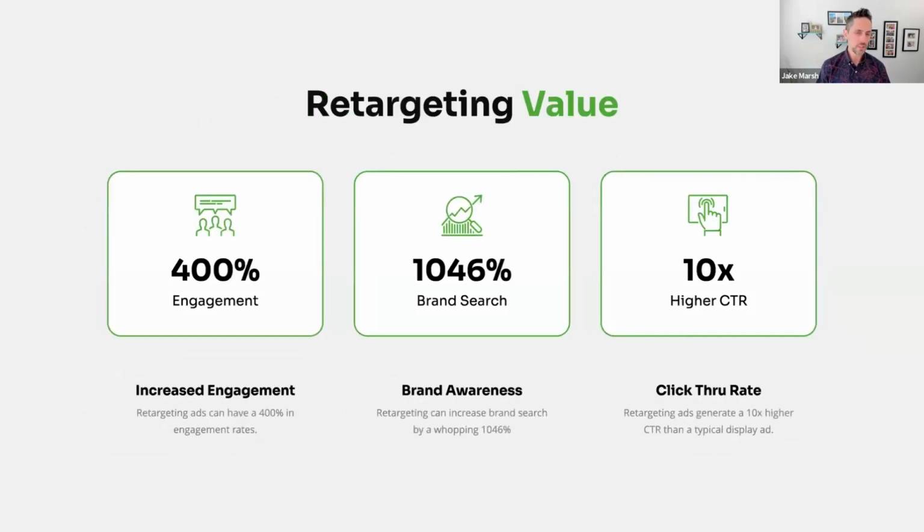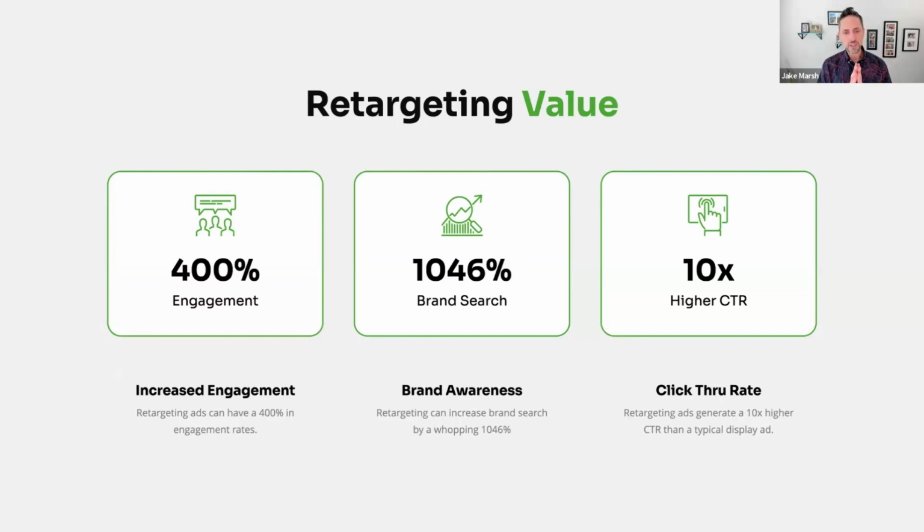So the value in this is we typically see a significant improvement in engagement. The people that we are putting these ads in front of have expressed interest, so it's a slightly warm audience. That is a great kind of fertile ground to be investing in more ads. They're very inexpensive as well, which is great.